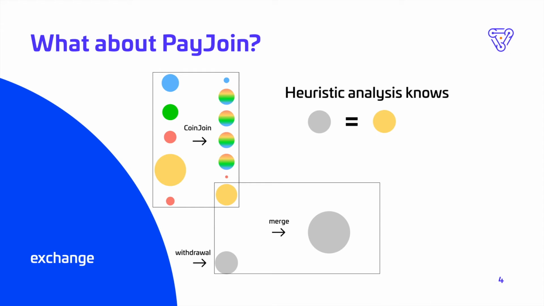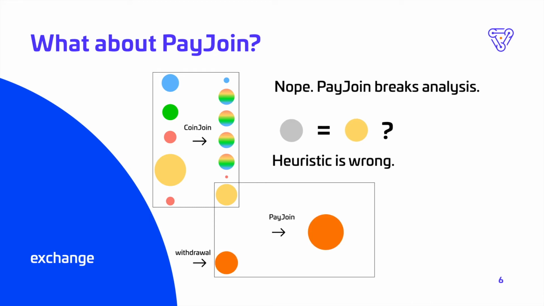Historically, like we showed before, heuristic analysis is going to say that inputs to a merged transaction belong to the same person. So the withdrawal was done by yellow, and that history must also be the same person, yellow, from the CoinJoin. But with PayJoin, we can prove them wrong. We can make that heuristic false.